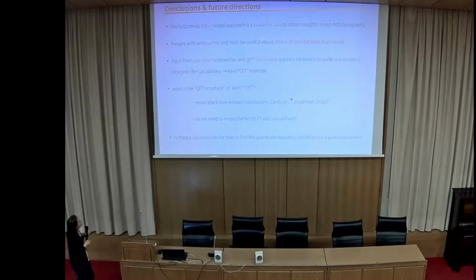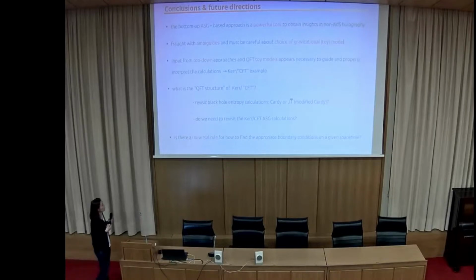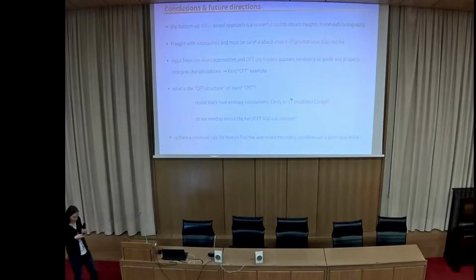Therefore, I argue that input from top-down approaches and QFT toy models seems necessary to guide these powerful bottom-up methods. I gave the CurCFT example, and presented some way to maybe proceed that may allow us to fix this. But the question that I would like to leave you with is whether there is any universal rule for how to find the appropriate boundary conditions on a given spacetime in non-AdS holography.